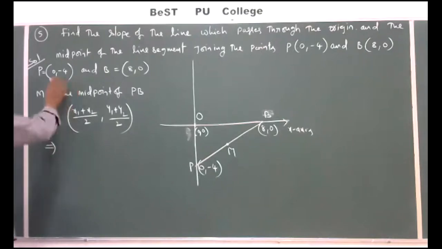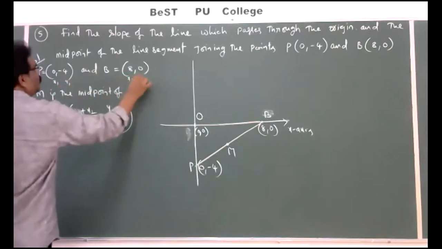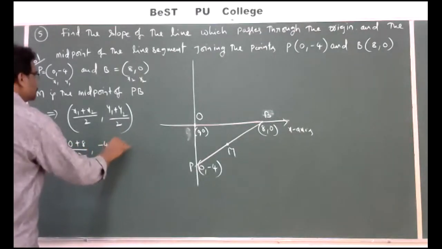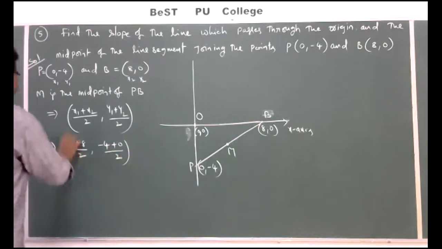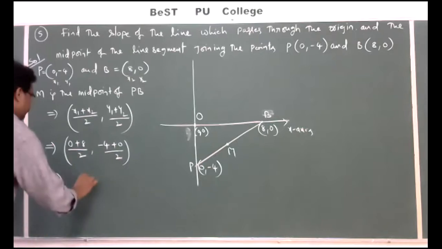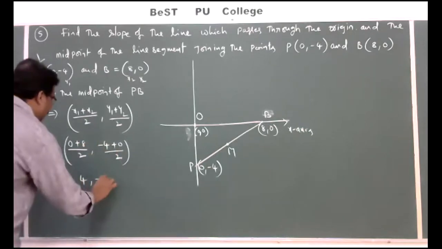Here apply the formula for these two points. This is x1, y1 and this is x2, y2. So this is (0 plus 8) by 2, (-4 plus 0) by 2. That implies you get 0 plus 8, 8 by 2 is 4. -4 plus 0, -4 by 2 is -2.